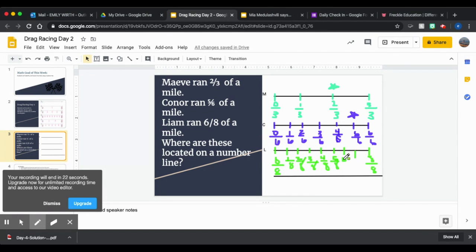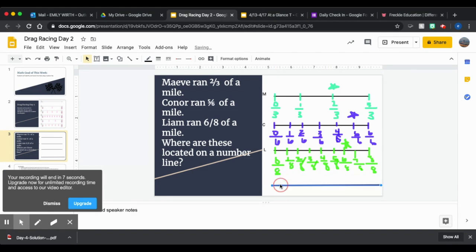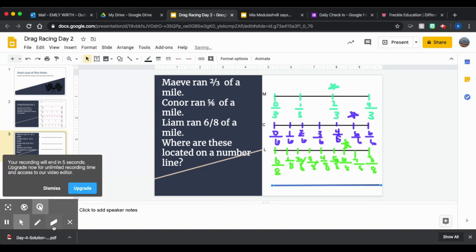And he ran 6/8 of a mile. So I need to make sure that I'm labeling this number line. I did all of the hard work. Now I need to show where each child ran.